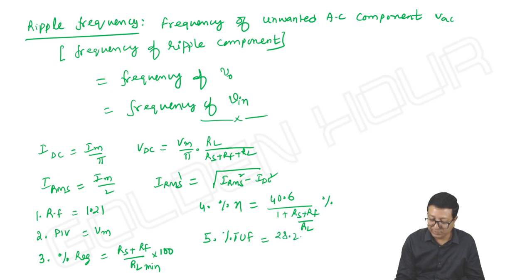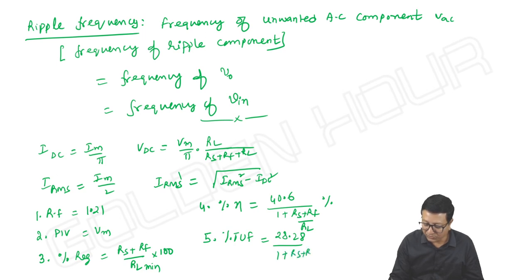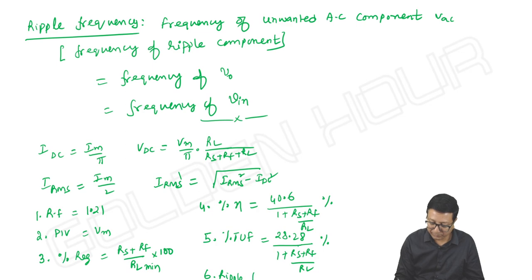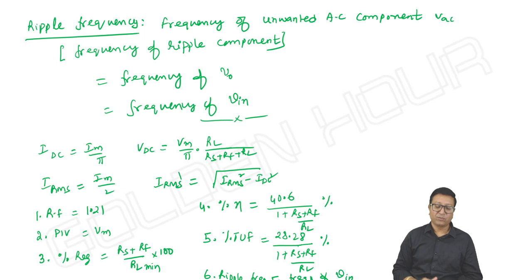It is 28.28, or 28.3, by 1 plus RS plus RF by RL. And finally, the ripple frequency, the unwanted AC component's frequency. It is the same as that of the frequency of the input signal. These are the 6 parameters I calculated.